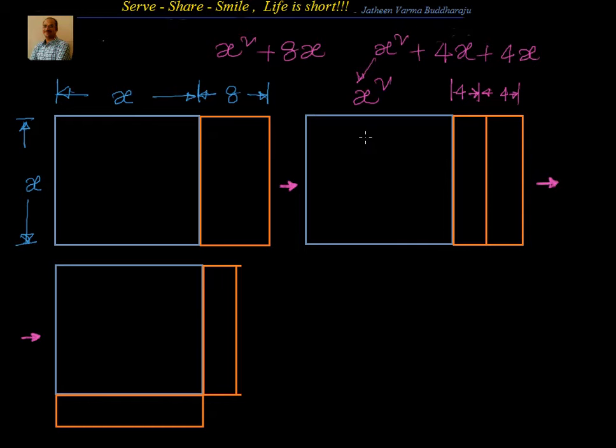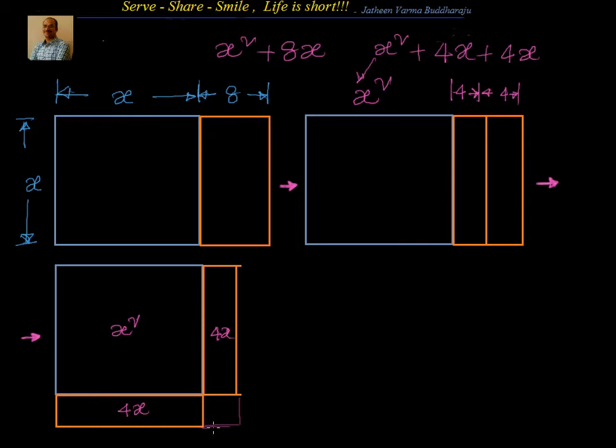Now we have rearranged the 4x to the bottom, so that we have this is x square, x into x, and this is 4x, and this is another 4x. So we have x square plus 8x. Now you want to make it a whole square, you know that this particular piece is missing.